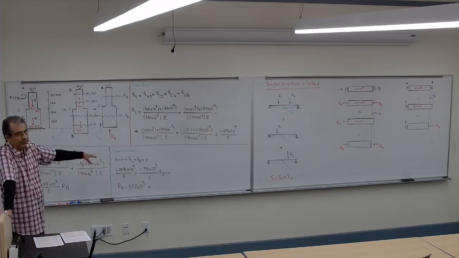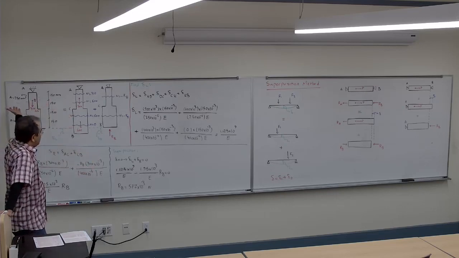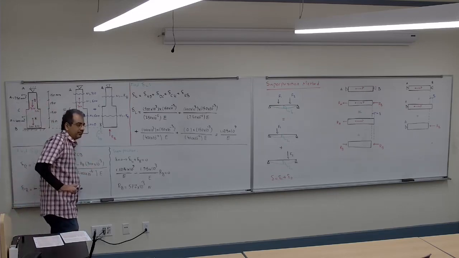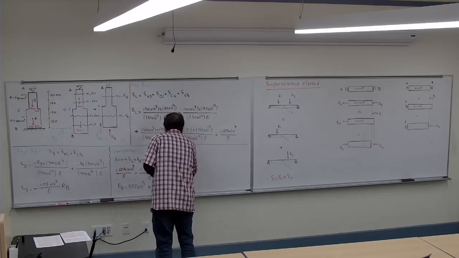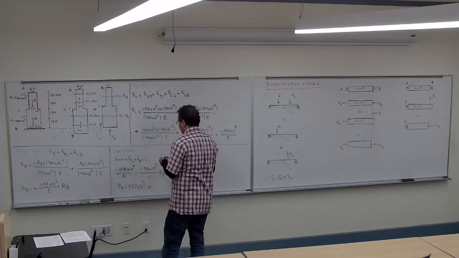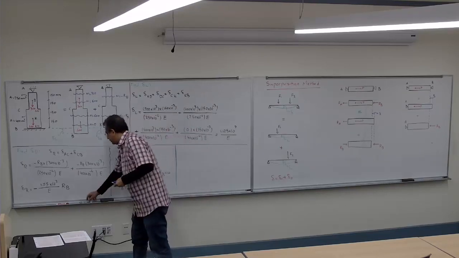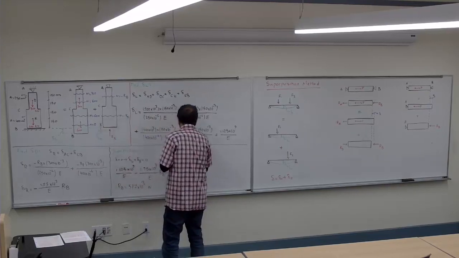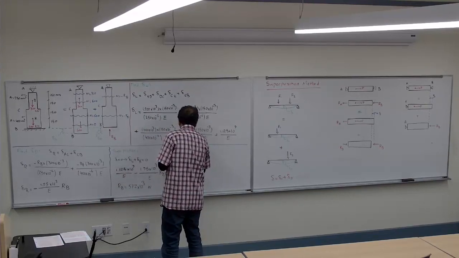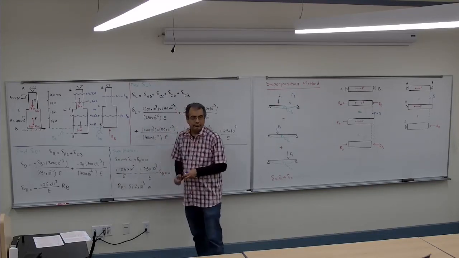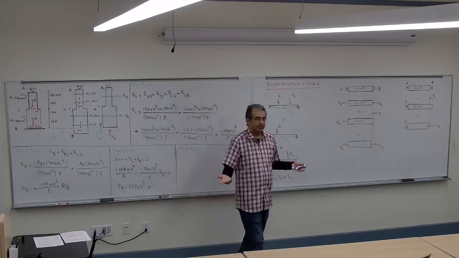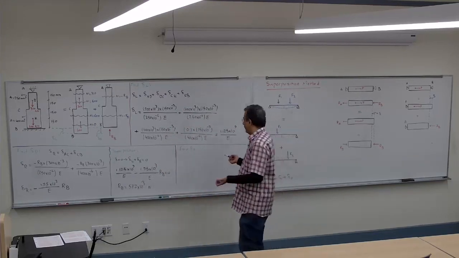You got it up to here? And how do you find the RA? Equilibrium. Sigma Fy is 0.